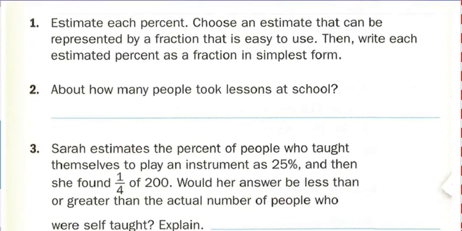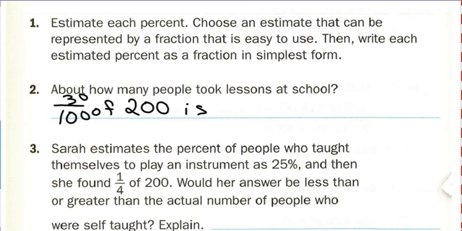So we want to ask ourselves, 3/10 of 200 is what? Well, let's just add some zeros to our fraction here. 3/10 is the same as 30 over 100. If 30 out of 100, we have 200, so that must mean there are 60 people. So there are about 60 people who took lessons at school.